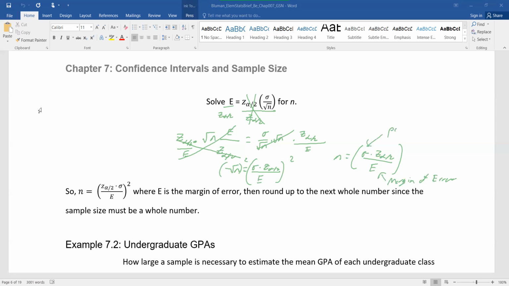This is your population standard deviation. And this right here would be your confidence interval.